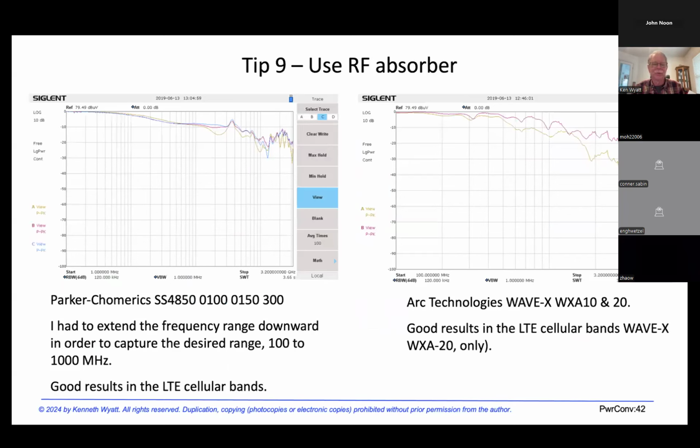Here's a couple of sample plots that were actually used on a wireless body-worn product. And you can see I'm plotting up to 3.2 gigahertz, and it really starts to become effective in the 400 to 500 megahertz range, and it just gets better with frequency.